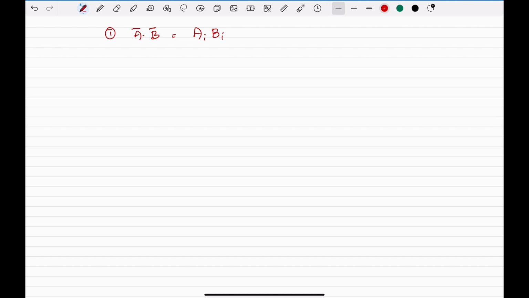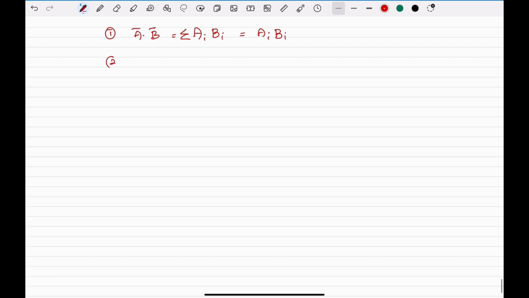Here, from the Einstein's notation, we have dropped the sigma. Actually, it is the sum of AI BI. This is what the dot product is.